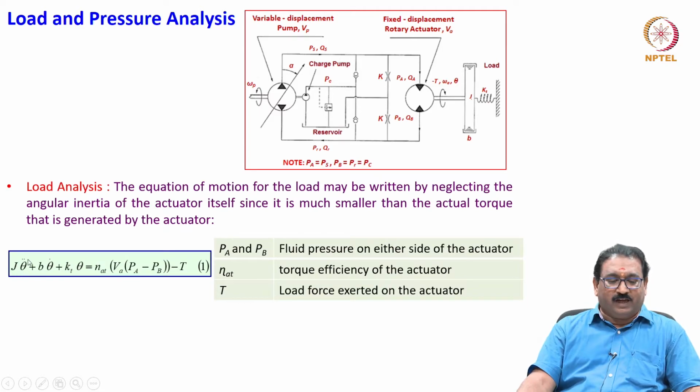So, J theta double dot plus B theta dot plus KT times theta equals the torque efficiency of the motor, eta AT, multiplied by the pressure multiplied by the volumetric displacement of the actuator, minus T.